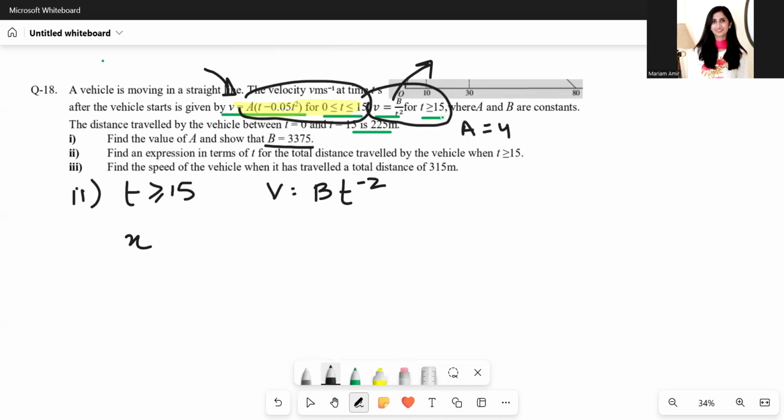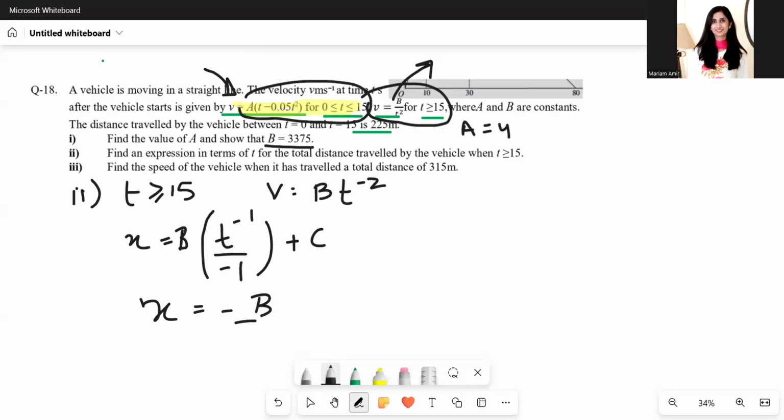We integrate to get the expression for x. So b is actually constant, take it out. t to the power minus 2 plus 1 will be t to the minus 1 upon minus 1. This is after integration. So this sign can go. And we get a plus c. So x is equal to minus b upon t plus c.